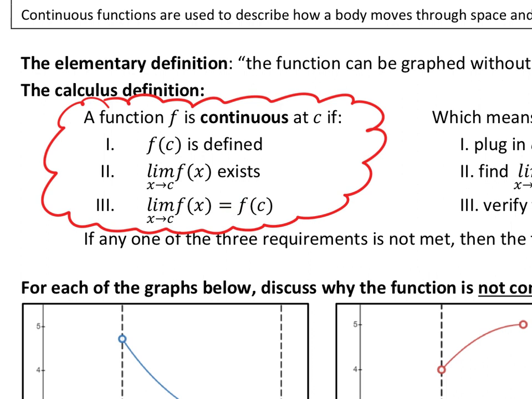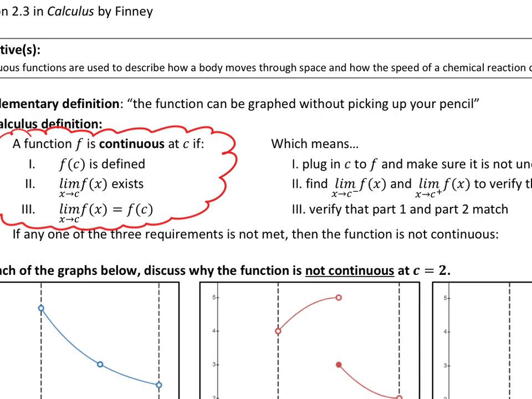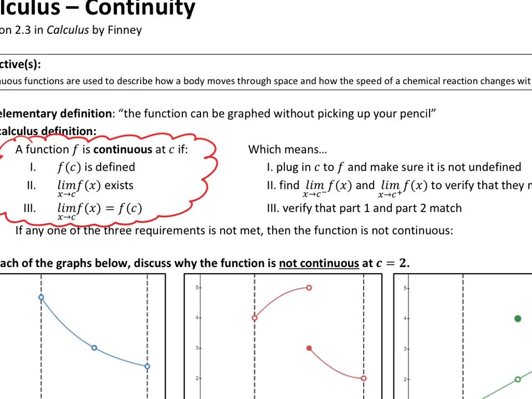What that means for you, and how we can translate this into usable math terminology, is for that first requirement, we are going to plug the value c into the function and make sure it is not a hole and it's not undefined. Number 2, we want to check to see if the limit exists.